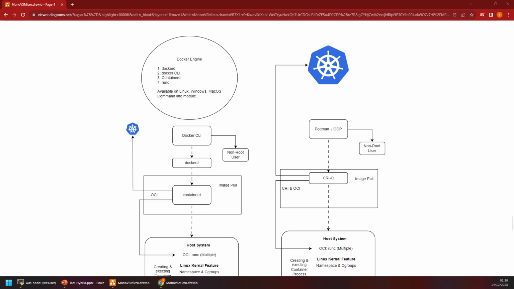Now, how are we going to choose Containerd or CRI-O? Well, if you are looking for integration with Kubernetes, then obviously there's no other choice. You have to go with CRI-O because that is the natural choice, because it is optimized for Kubernetes environments and it follows Kubernetes container runtime standards.